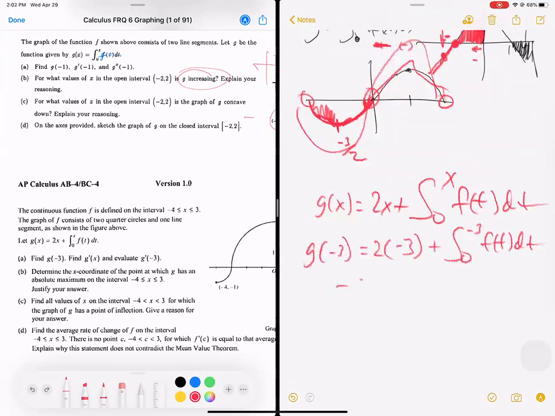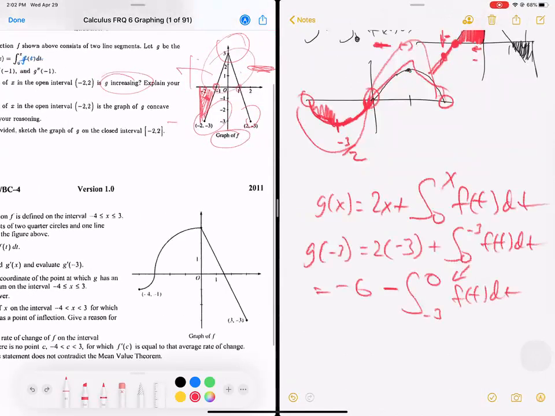We see that's -6. And here I want to spin this around to make my life a little easier, so it's the integral from -3 to 0 of f of t dt. So what is the area from -3 to 0? This shape, I did a terrible job of that, but that shape is a quarter of a circle.